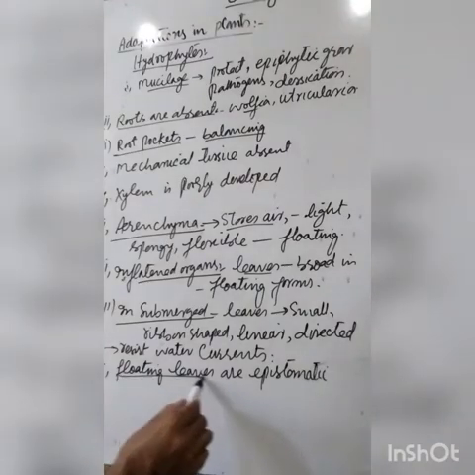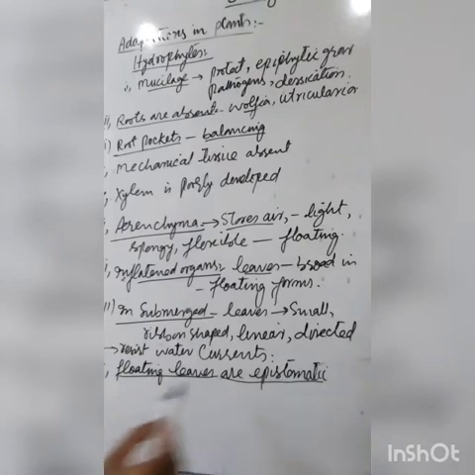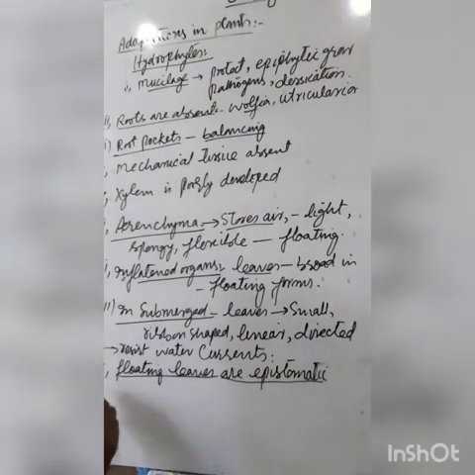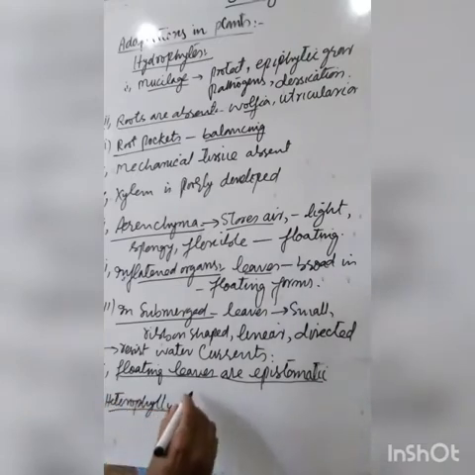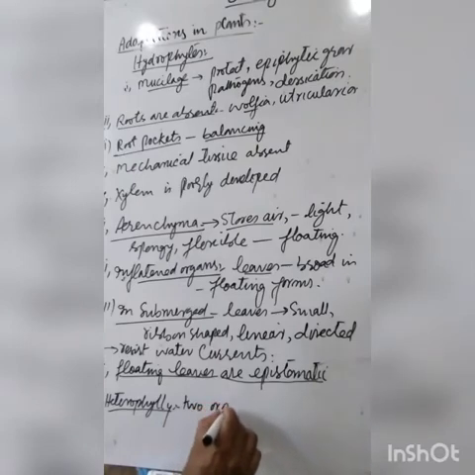Floating leaves are epistomatic. That means stomata are found on the upper surface. And lastly, there is heterophily. As I said earlier, heterophily means two or more types of leaves on the same plant.